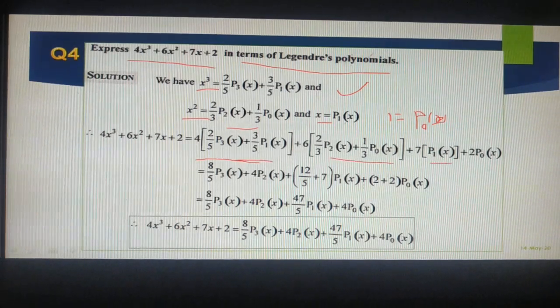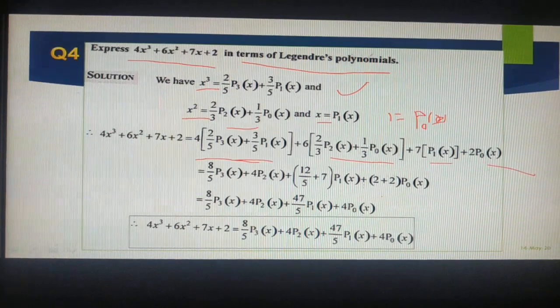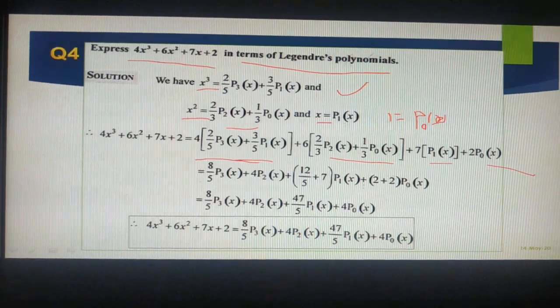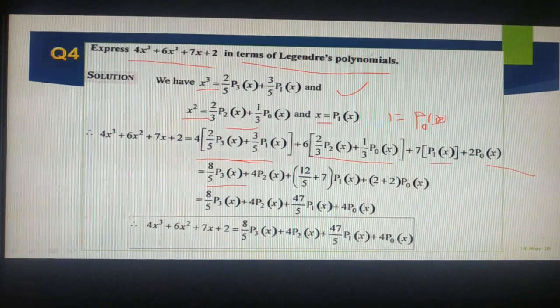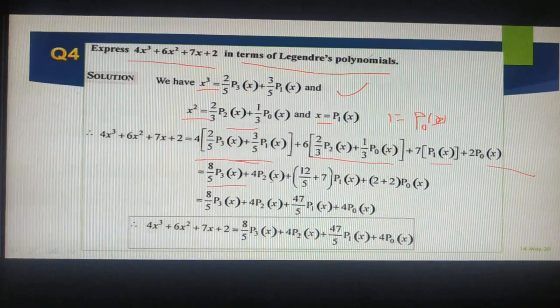And x in terms of Legendre polynomials is P1 of x, and of course the constant, 2 into constant is P naught of x. So as I said, like terms: P3 of x, 4 into 2, 8. And P2 of x, where are the P2s? Here. So 6 into 2 by 3 means that will be 4 P2.